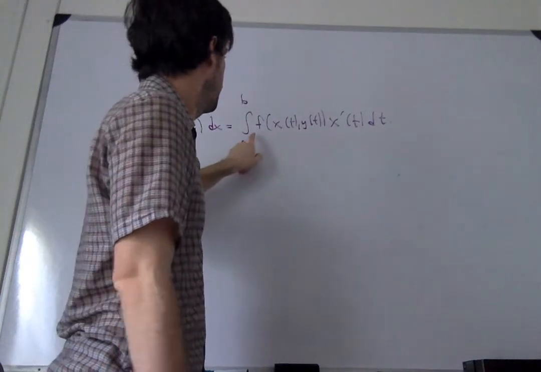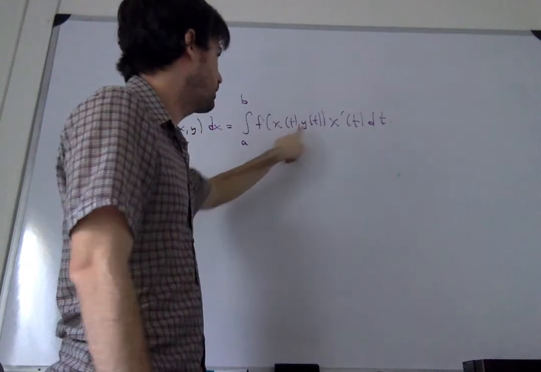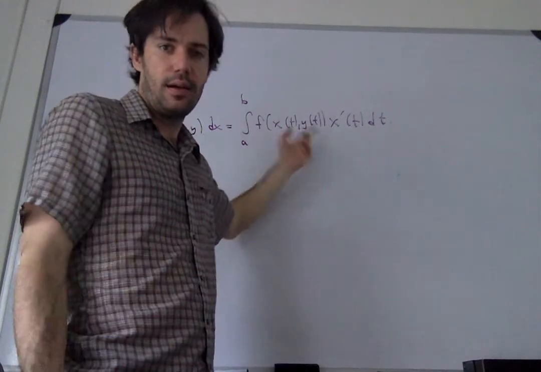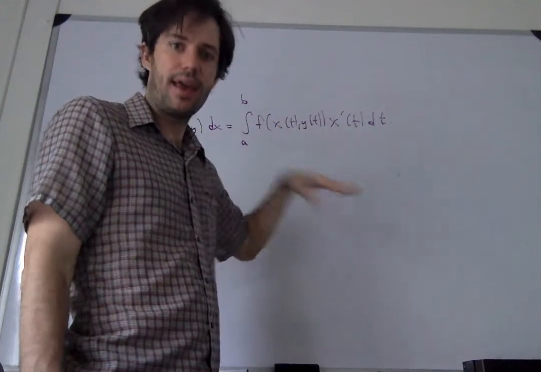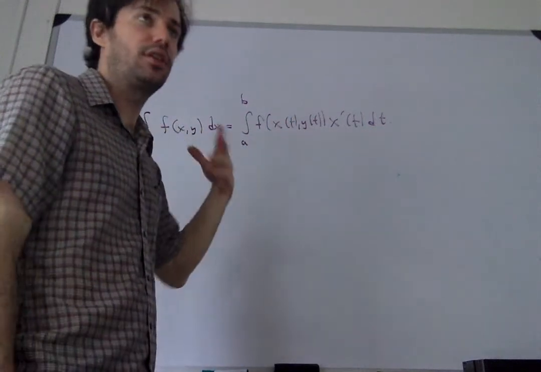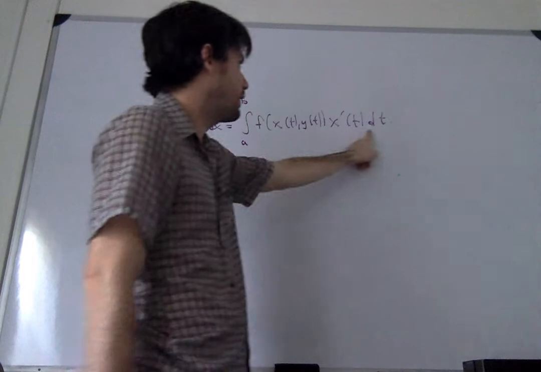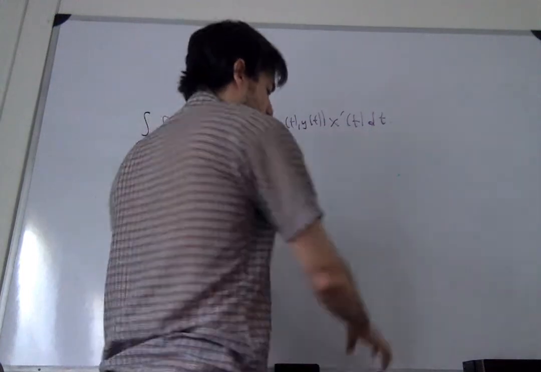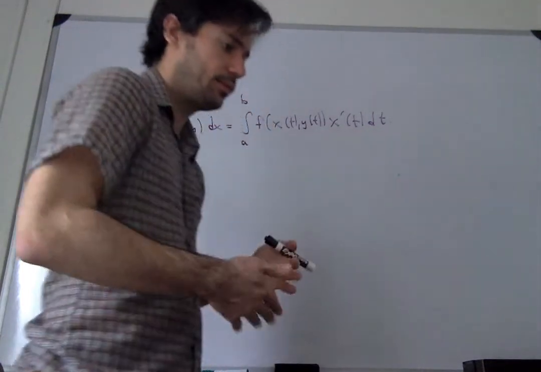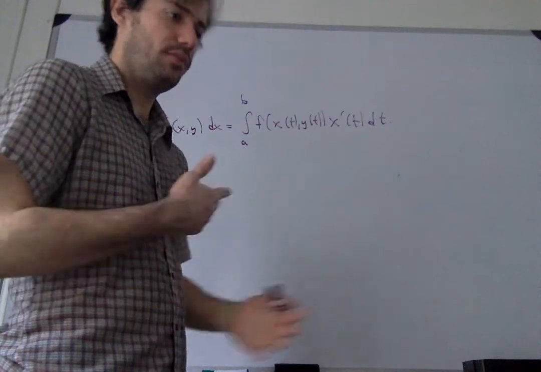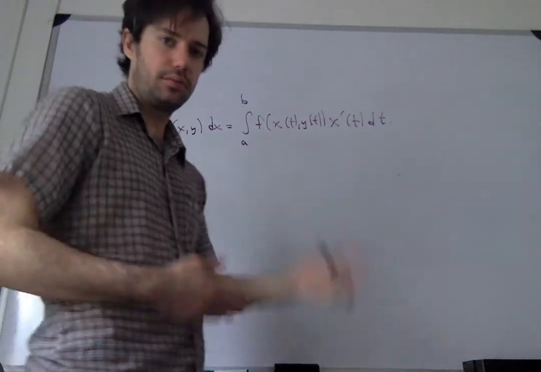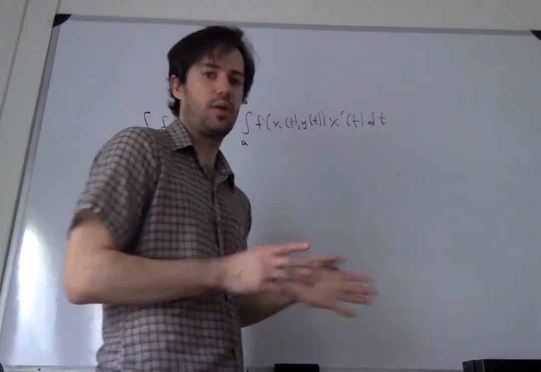So it's the integral of f, again, x(t) and y(t) are x and y as it's related to the function, as it's related to the curve C. So why do I get this right here instead of the full square root of (dx/dt) squared plus (dy/dt) squared and all that?